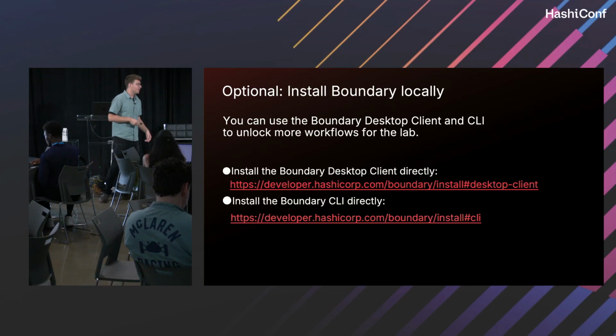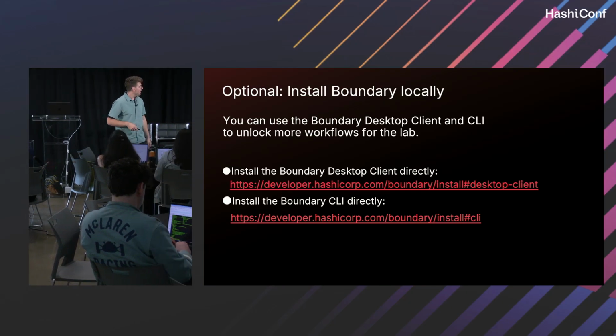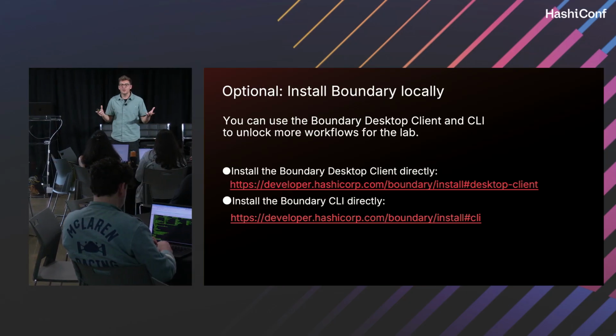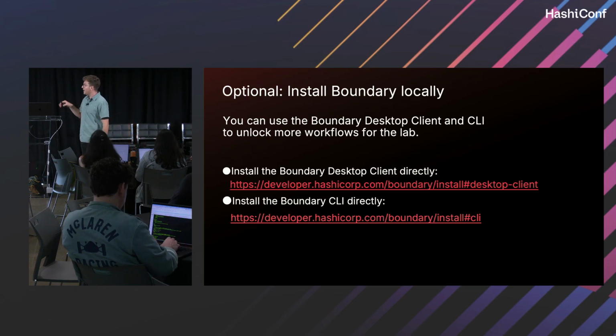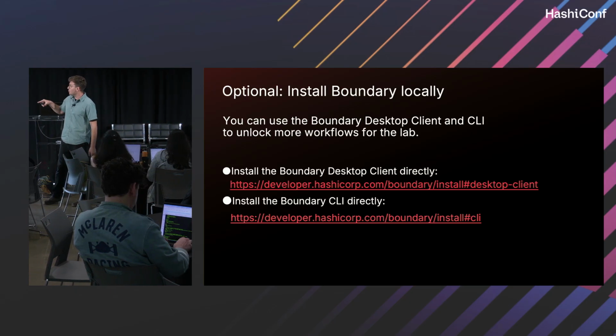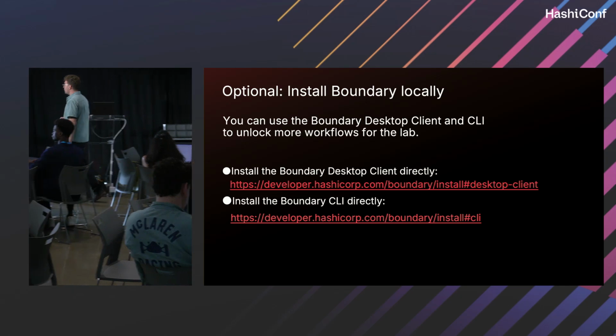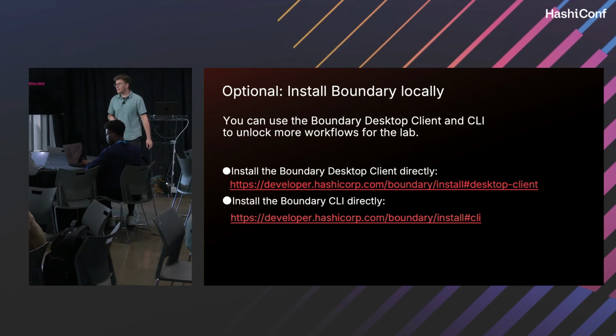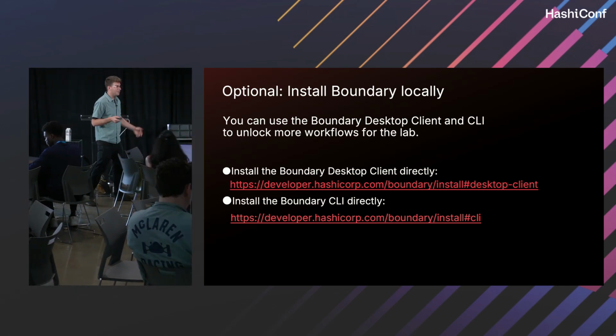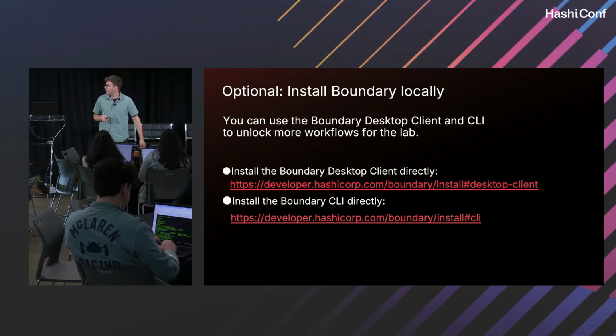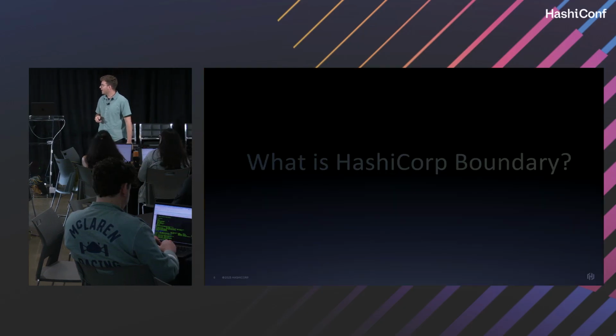I'm going to be showing you what this looks like during the session. So if you want the best experience with Boundary, please feel free to head over to our installer page. You can go to developer.hashicorp.com, just search for Boundary, and you'll see the install banner right there at the top. And you can grab the desktop client and the CLI if you're interested. If not, the sandbox has everything you need in it.